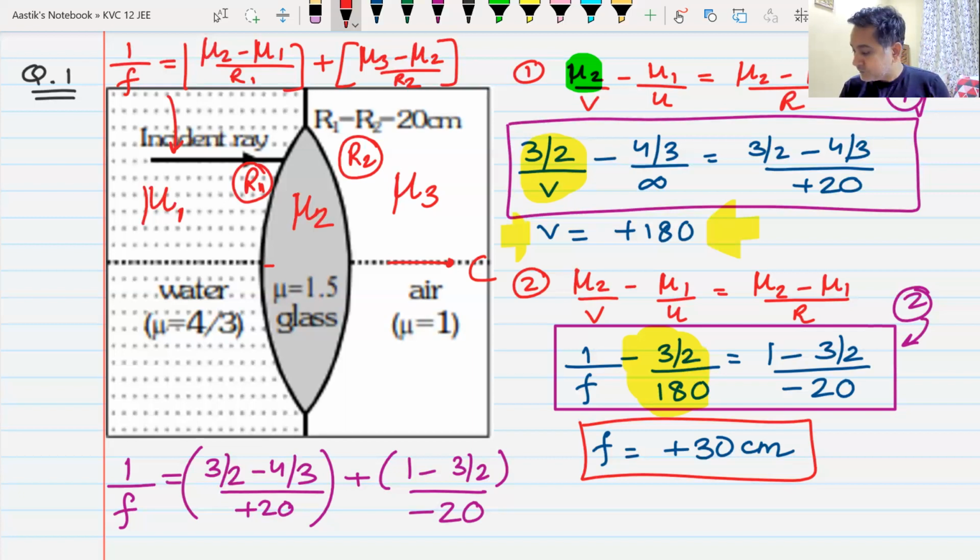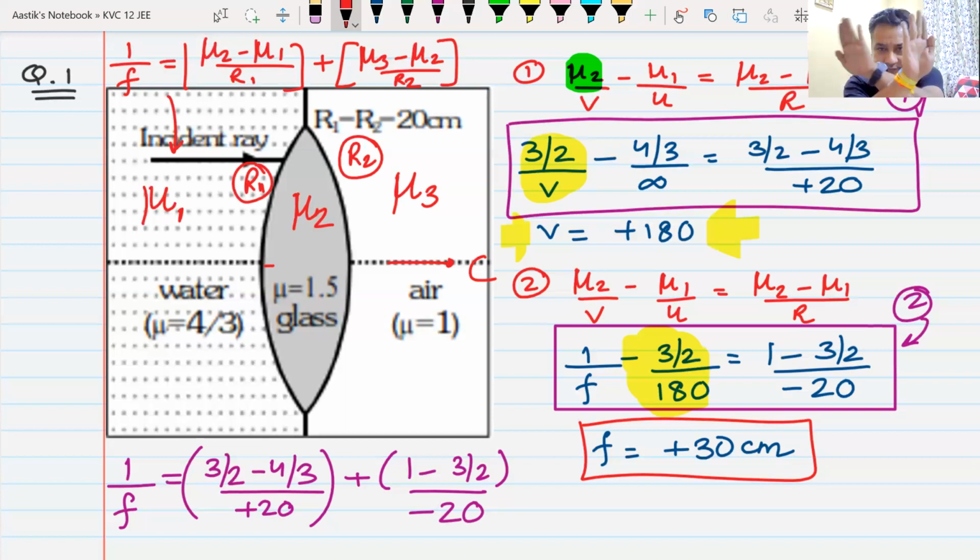Yes, sir. If I change the mediums on both sides, so one side is air, which is the incident side, and the other side is water. Such type of question come in JEE Advanced. One side is water on the incident side, and the other side is air on the refracted side.